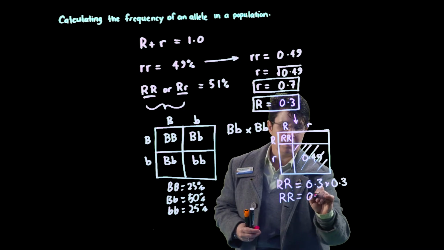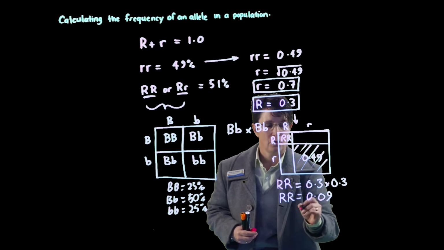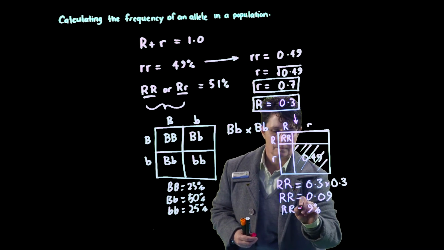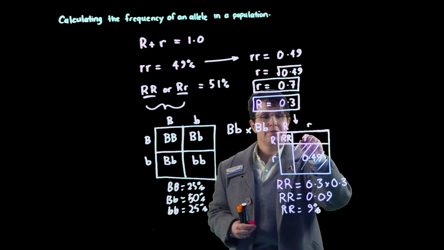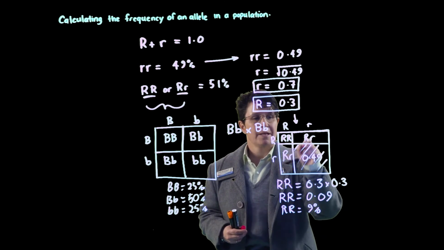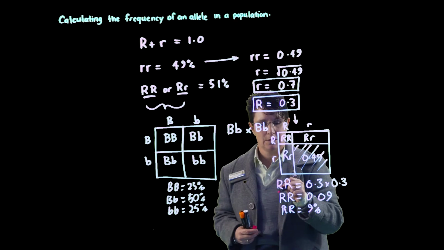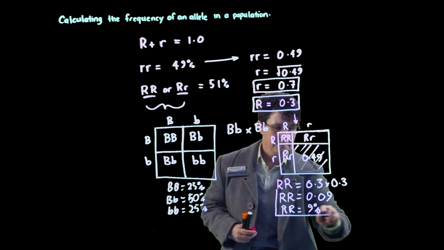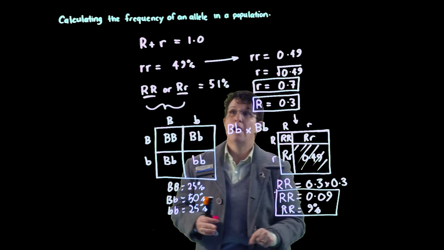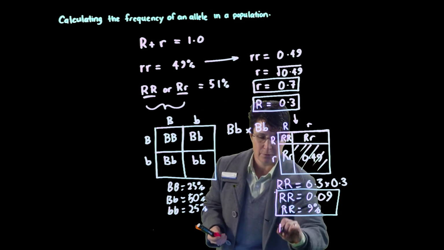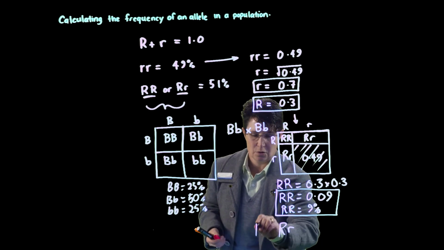So this is going to equal 0.09, or 9% of the population. What you can see also from this is that the sum total of your heterozygous individuals plus your homozygous dominant individuals altogether must equal our original estimation of them being 51%. So it's very simple from there to just do your subtractions.